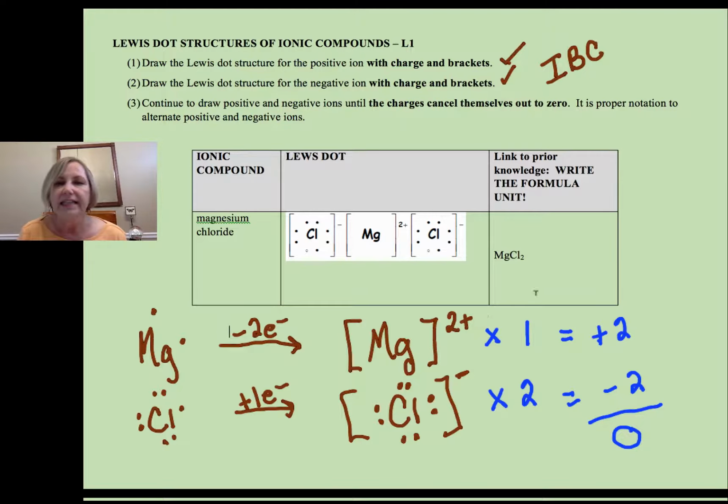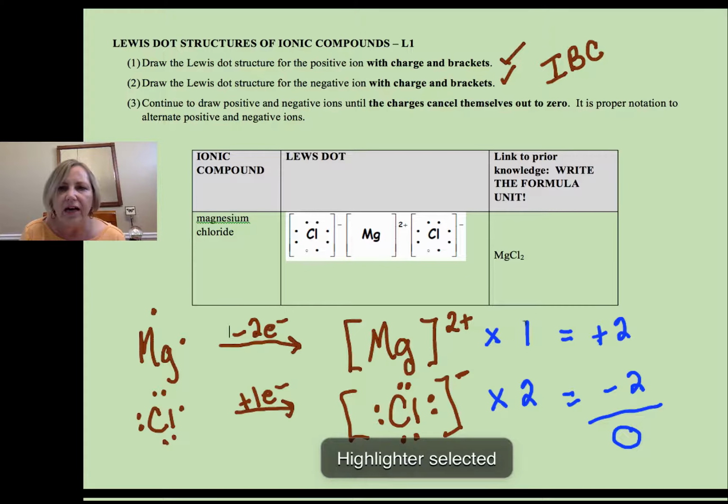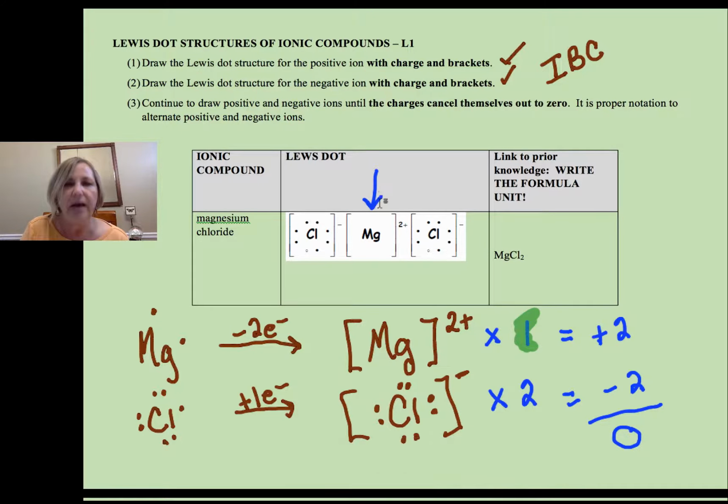So I typically will put the one that I only need 1 of, or that I need the fewest of, in the center. So that's why I put the magnesium ion in the center, and then we can put chlorides on either side.